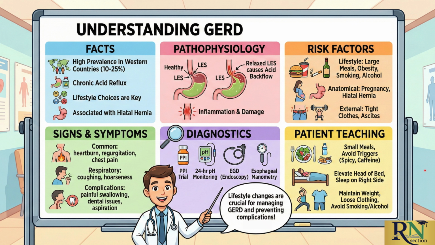The risk factors: eating large meals, delayed gastric emptying, obesity, tobacco use, alcohol use. The anatomical and physiological factors: hernia, lower esophageal sphincter hypotension, loss of esophageal motility, increased gastric secretion, and pregnancy.